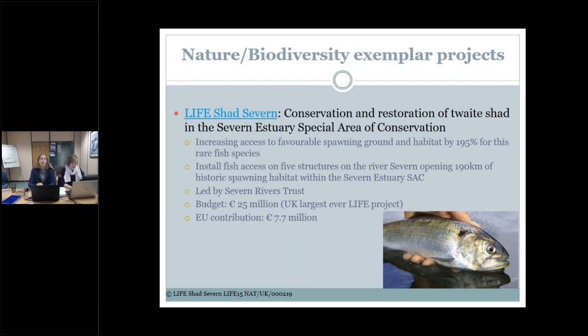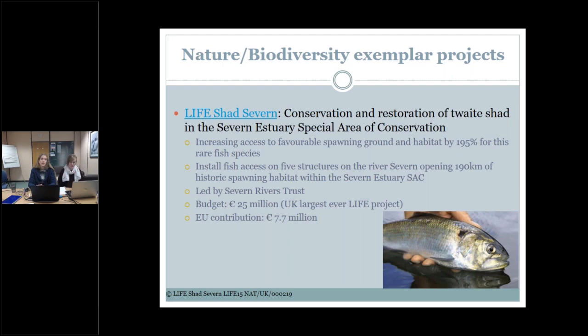The Severn River is a big river in between England and Wales. In the early 1900s, the fish was very common in the river, and today it's nearly extinct because of the large fish barriers.